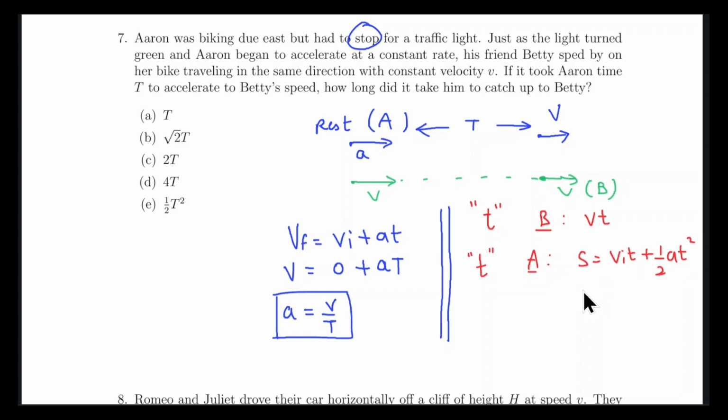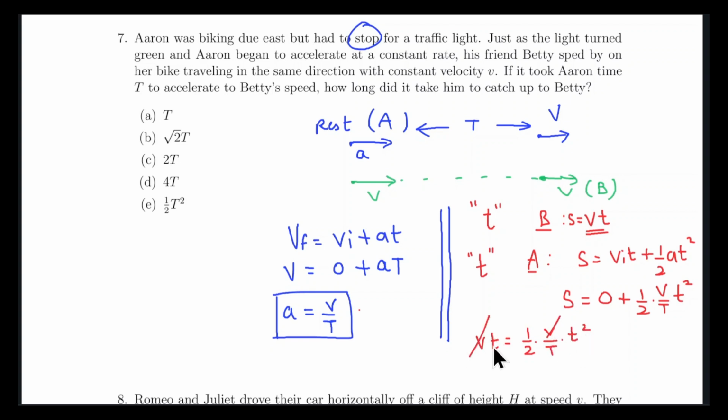I don't know the s, of course. So s will be equal to, he starts from rest, so 0, plus half, a is v over T from here, the blue box, and t square, small t, what I need to find. And don't you think this s and this s will be the same, because he catches up, so they cover the same distance. So vt will be equal to half v over capital T times t square.